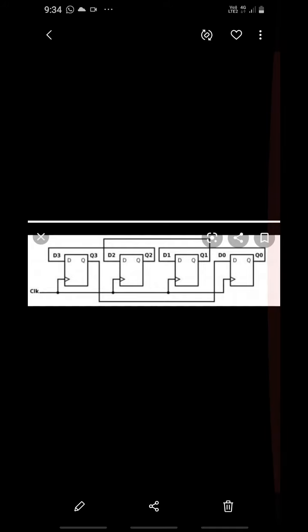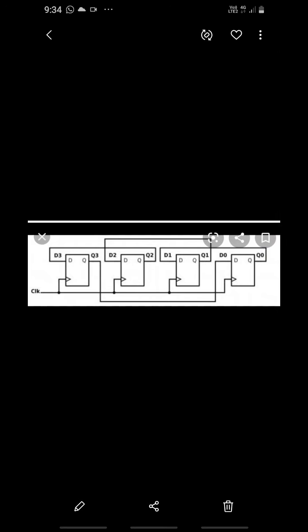So now the operation, and 4 outputs Q0, Q1, Q2 and Q3.